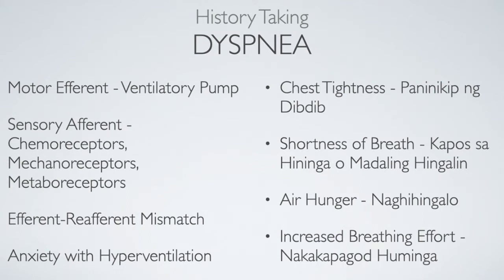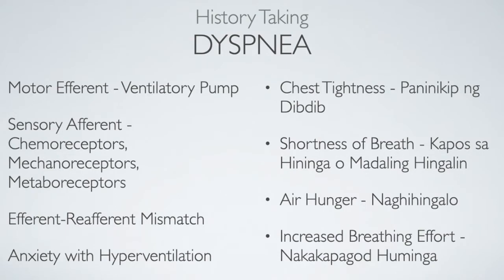And so the brain, informed by the receptors, instructs the ventilatory pump to increase respiratory effort or to decrease respiratory effort in response to the amount of oxygen and carbon dioxide in the body. So, some problem involving either the ventilatory pump or the chemoreceptors alone can already cause dyspnea.